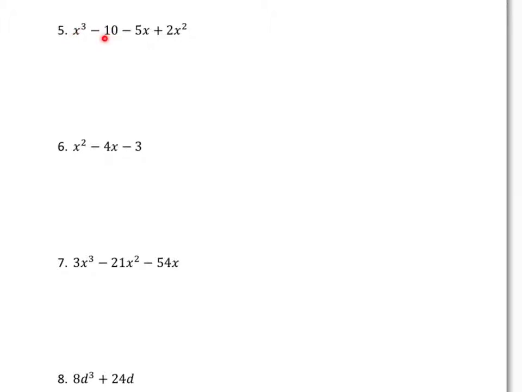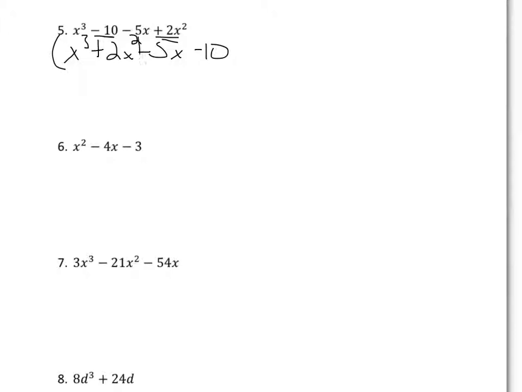So it's probably not going to help me very much. So I'm going to rearrange this, put the x squared over here, and put the minus 10 over here. I'll have x cubed, then plus 2x squared. Remember, you take the sign to the left of it with it, so the minus has to go with the 10. Then minus 5x, and minus 10. That's the same thing.